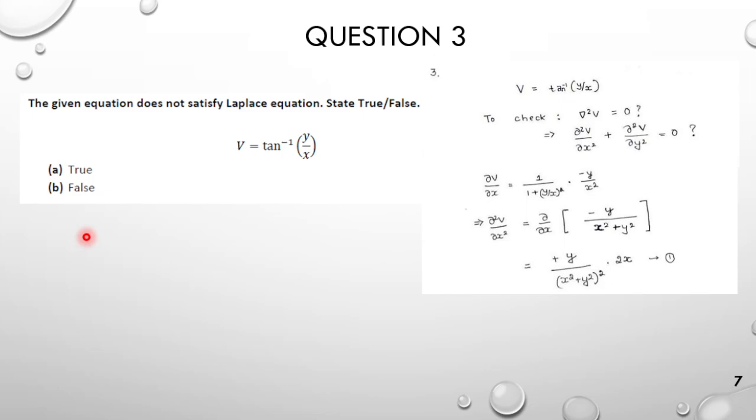If you work it out, del v by del x should come to 2xy divided by x square plus y square whole square. So you can try to work this out, and tell me what should be the value of del square v by del y square.